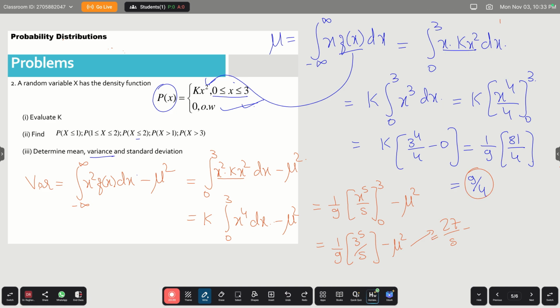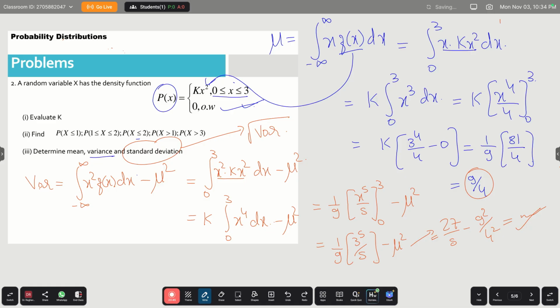Mu is 9 by 4, so mu square will be 9 square divided by 4 square. You can subtract it and get the value. The final value you get will be the variance. And for the standard deviation, you just have to take the square root of the variance.